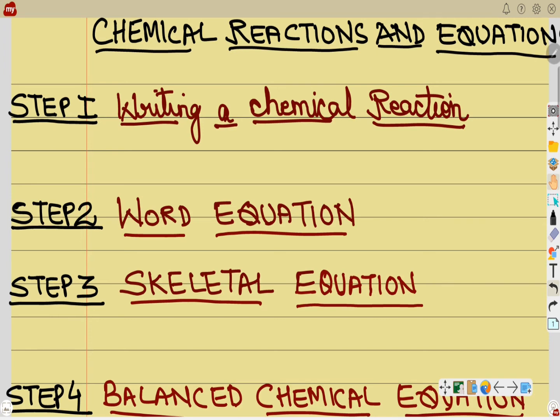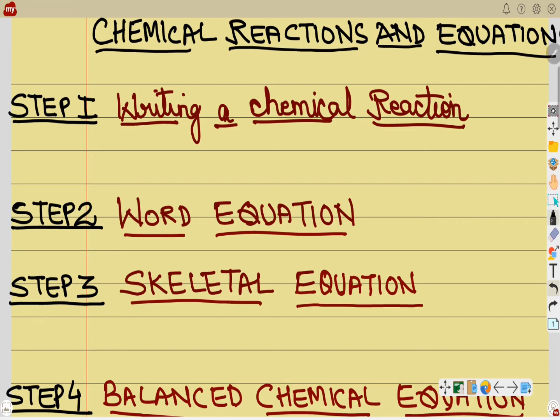We studied the meaning of a chemical reaction. Then we studied the components of a chemical reaction, that is reactants and products. Then we moved on to study a chemical equation, which is the symbolic representation of a chemical reaction. Now, by taking a very simple example, we will try to write a full-fledged chemical equation.